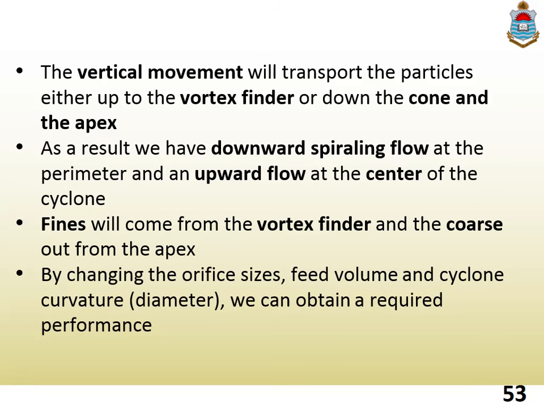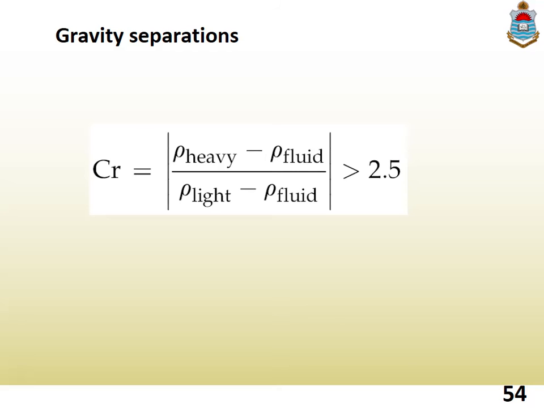So these are some design parameters. By changing orifice sizes, feed volumes, and cyclone curvatures, etc., cyclone separators can be used for different kinds of separations. Next is gravity separations.